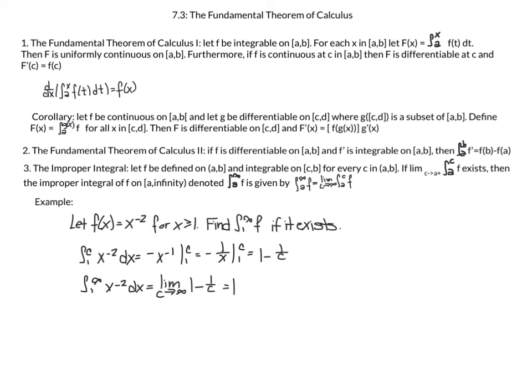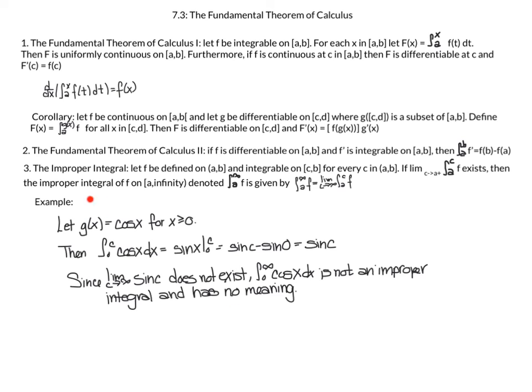We're left with 1 minus 1 over c. So now when we do this integral where we have this infinity, we use our improper integral formula, and we get that it's equal to the limit as c approaches infinity, plugging in our work from our previous example, of 1 minus 1 over c. So as c approaches infinity, this approaches 0, and we're left with 1.